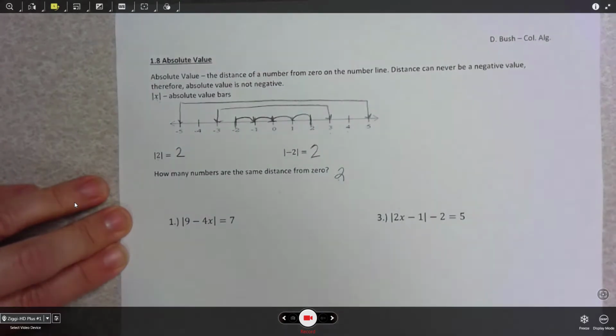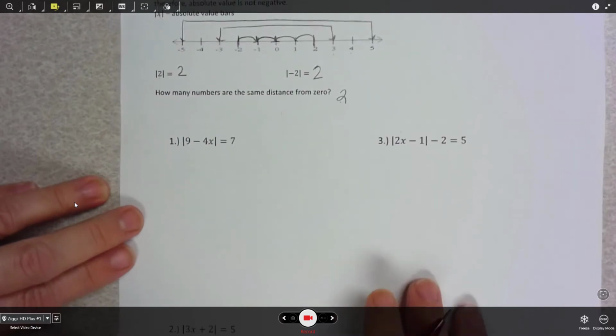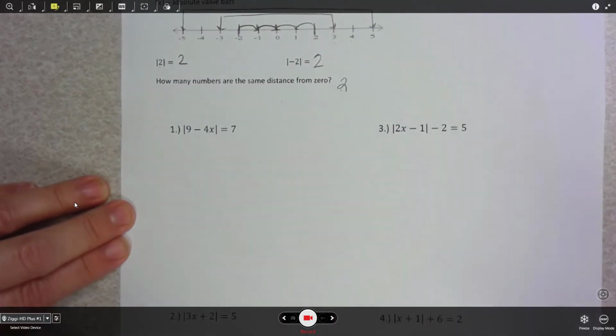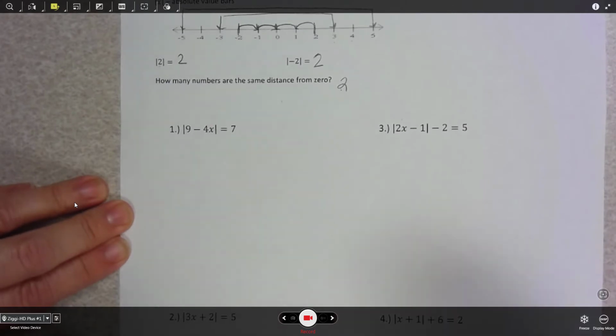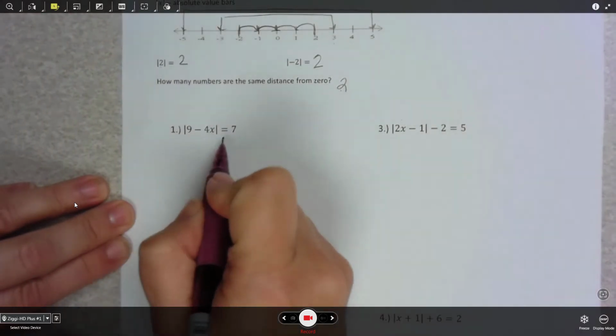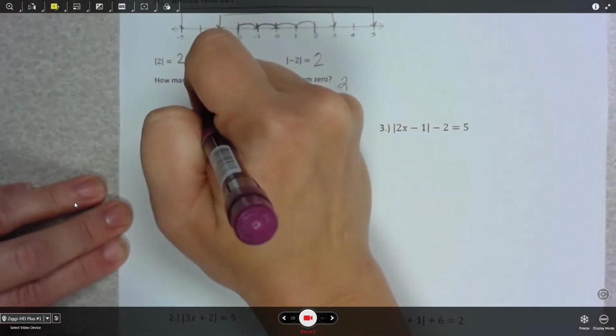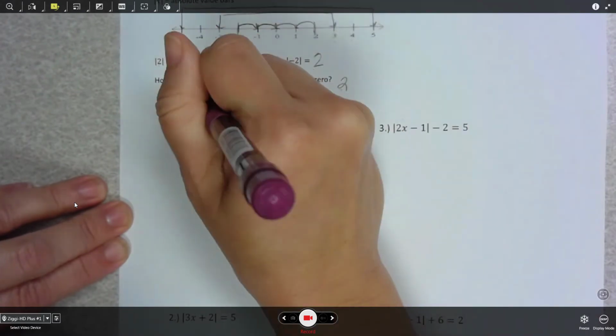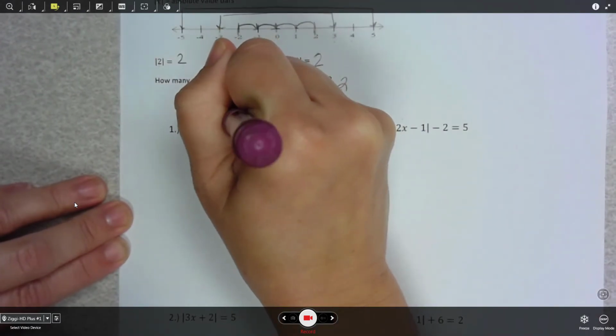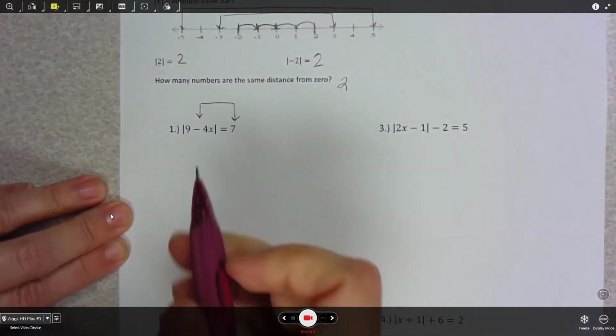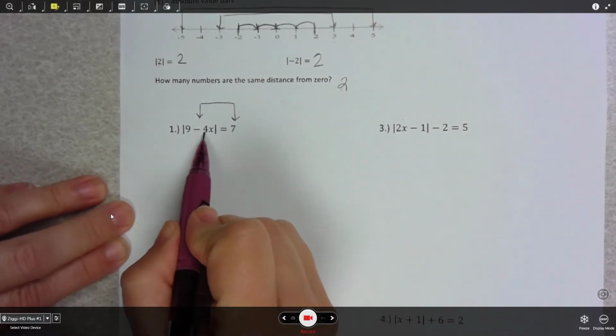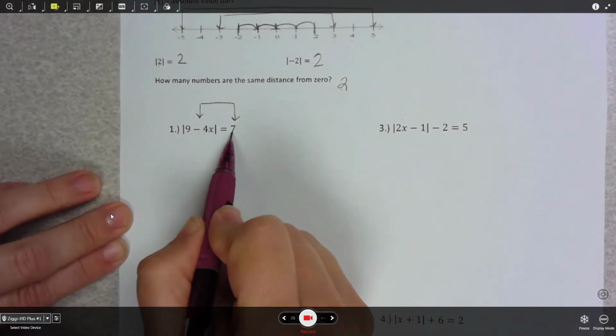When you're solving an absolute value equation, there are 2 possibilities of what could lead you to the given distance. This equation says there is some number that is a distance of 7 from 0. When I take the absolute value here, I find that the distance is 7.